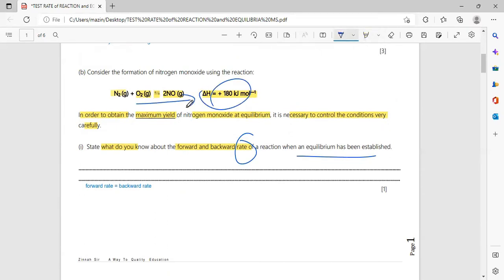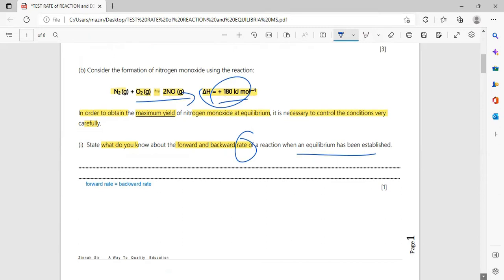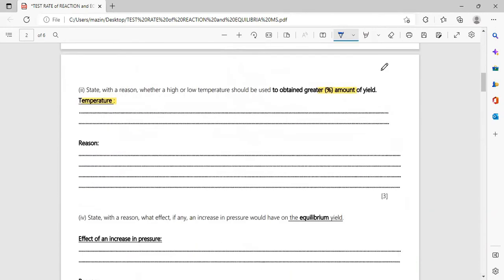You know the theory: if temperature is increased, the equilibrium will shift to the right-hand side, because the right-hand direction is endothermic. Increasing temperature causes the position of equilibrium to shift to the right. This should be high temperature. And why high?